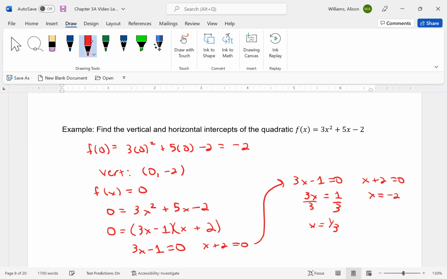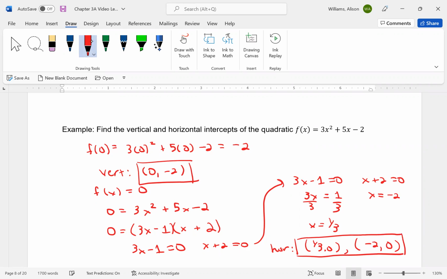Okay, so there are our horizontal intercepts, (1/3, 0) and (-2, 0). So 2 of them, and then 1 vertical intercept. This is an example where it crosses the x-axis twice.